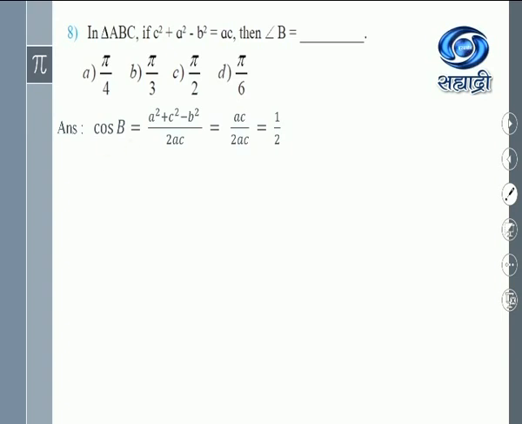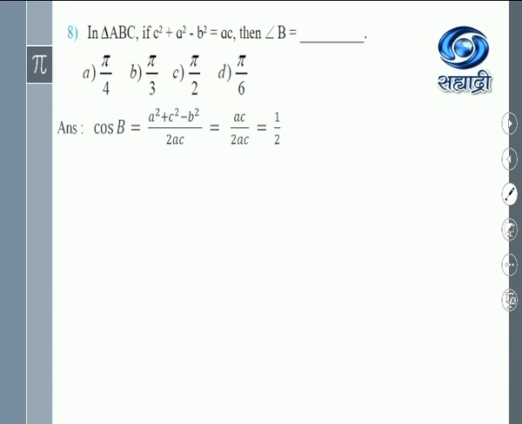Recall the formula for cos B. This is the cosine rule. Cos B is (a² + c² − b²) upon 2AC, which is equal to AC upon 2AC. Why? Because c² + a² − b² is given as AC, that we substitute here.